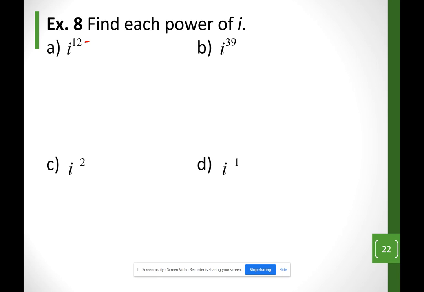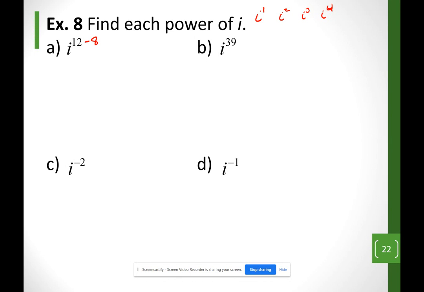I want to make sure I know what i to the 1, i to the 2, i to the 3, and i to the 4th are. We came out with that list on the previous slide. So I want to subtract or add multiples of 4 such that I finish with i to the 1, i to the 2, i to the 3, or i to the 4.